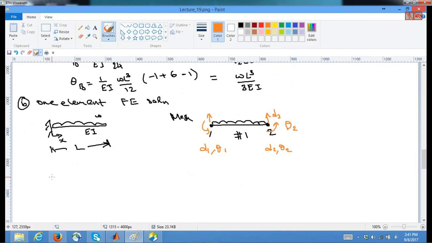Let us see the consistent loading once more, because there was a wrong sign convention in the previous class. So let us take a fixed beam with a uniformly distributed load. We know the exact solution, or the reaction forces, for this problem.